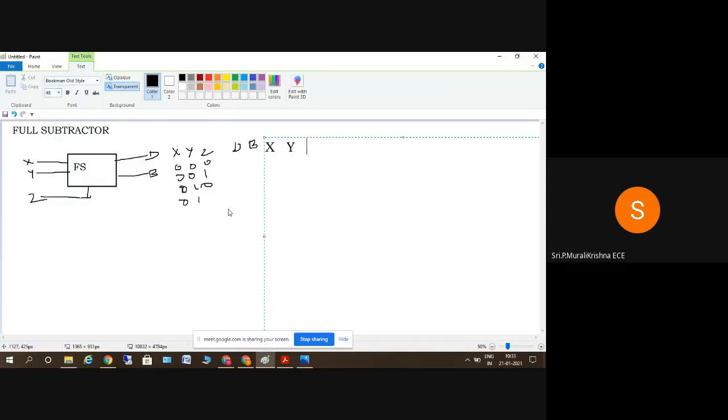So x, y, z, difference, borrow: 0, 0, 0; 0, 0, 1; 0, 1, 0.